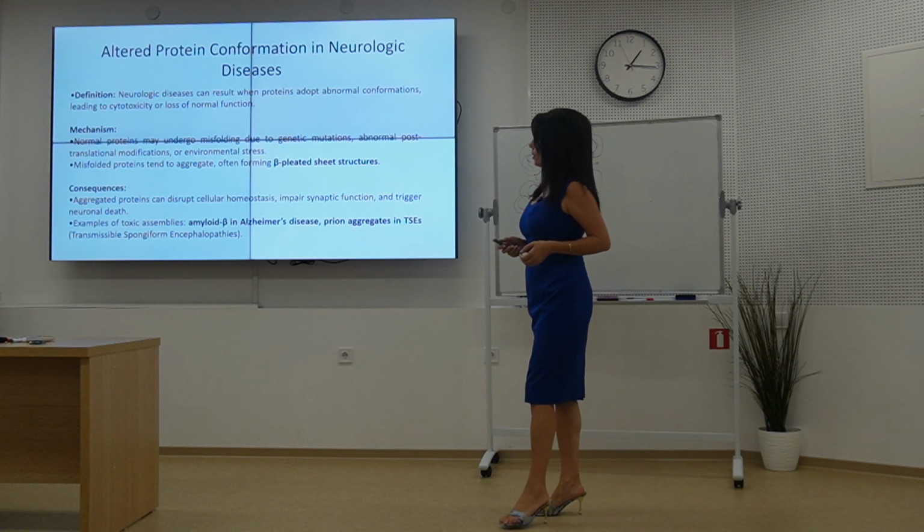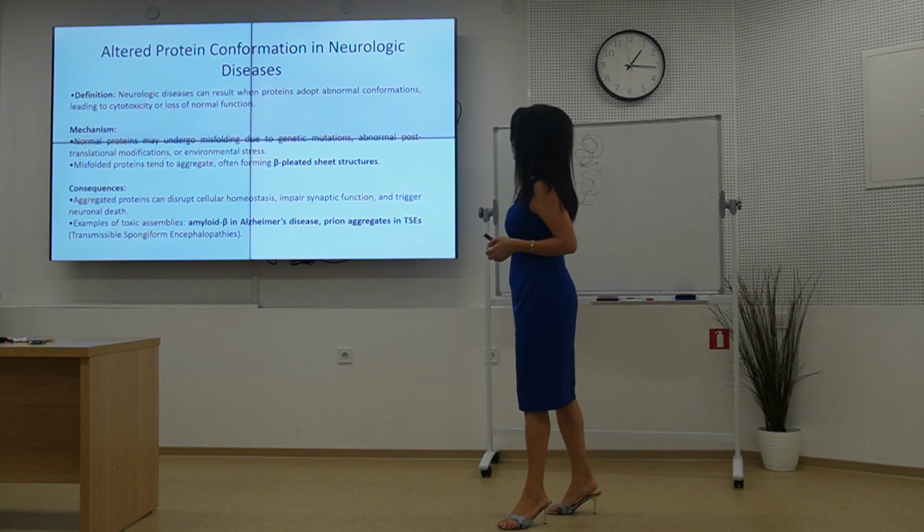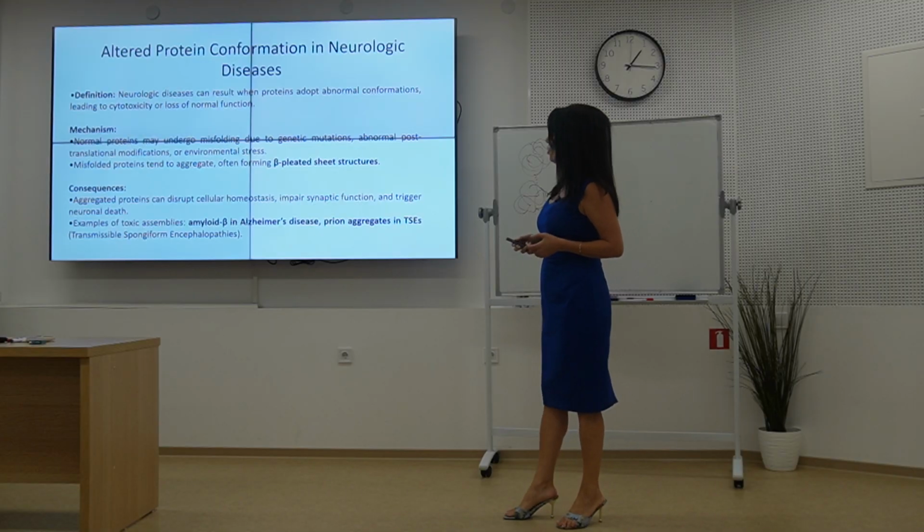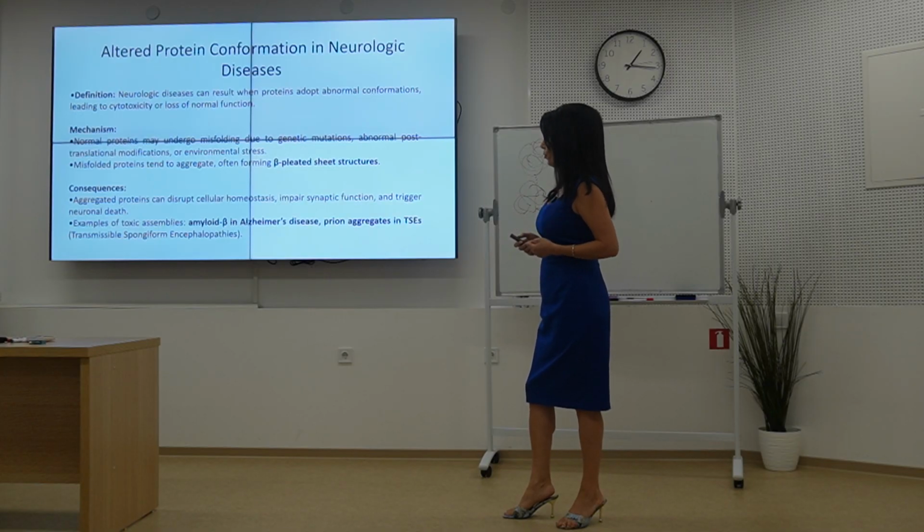Actually, neurologic diseases can result when proteins adopt abnormal conformations leading to cytotoxicity or loss of normal function. The mechanism: normal proteins may undergo misfolding due to genetic mutations, abnormal post-translational modification, or environmental stress.